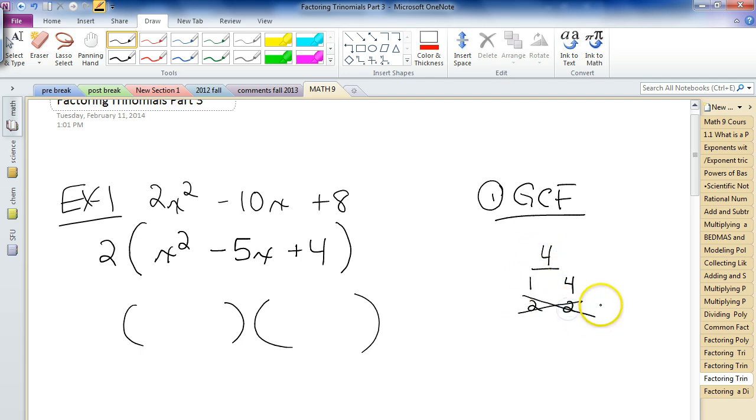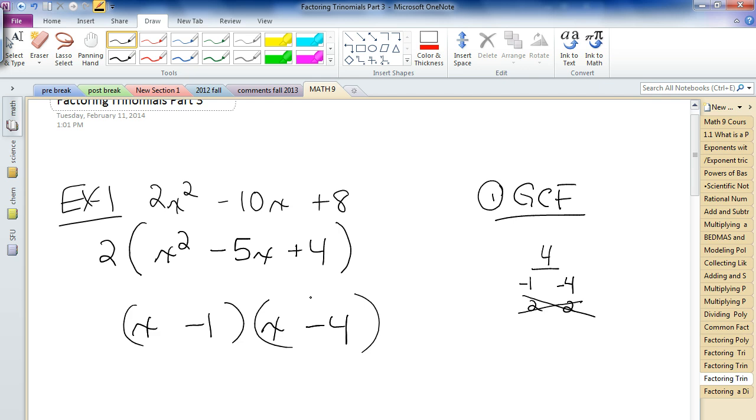This won't work. 1 and 4 will. Negative 1, negative 4. You're down 1, you're down 4, you'll be down 5. That's going to work. So I can split up my x's and put negative 1 here, negative 4 there. So the easy way, the first way, whatever you want to call it, works.